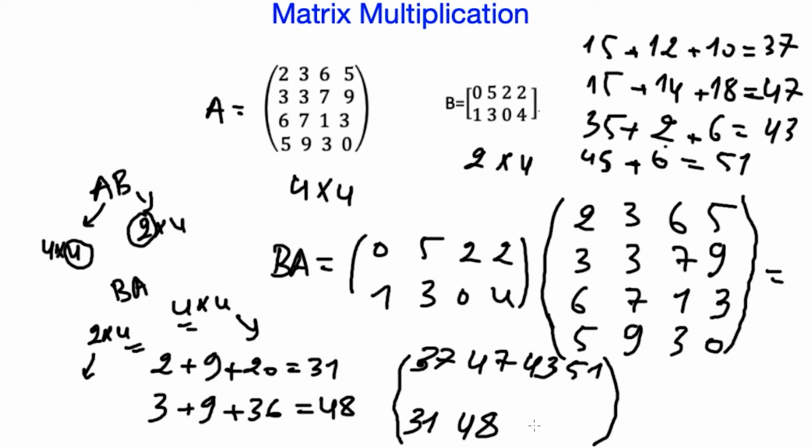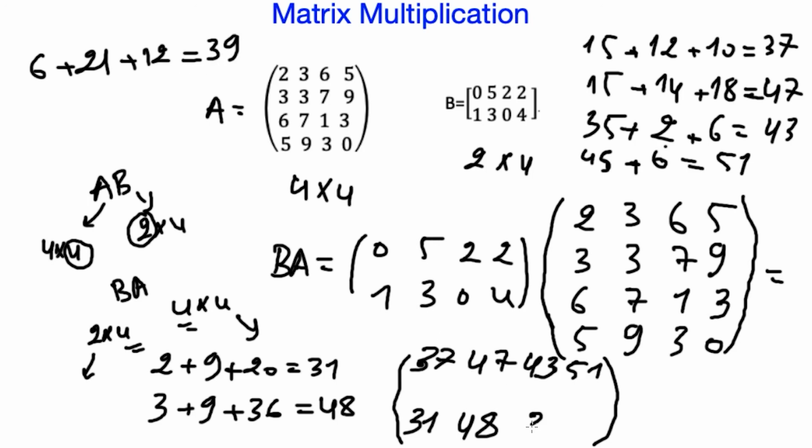And this entry here is this row times this column, so it is 1 times 6 is 6, 3 times 7 is 21, and 0 times 1 is 0, 4 times 3 is 12, so this equals 39.